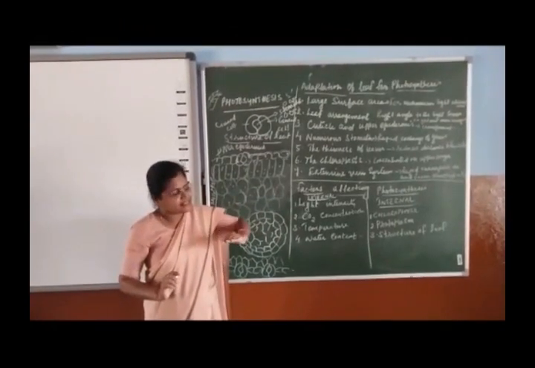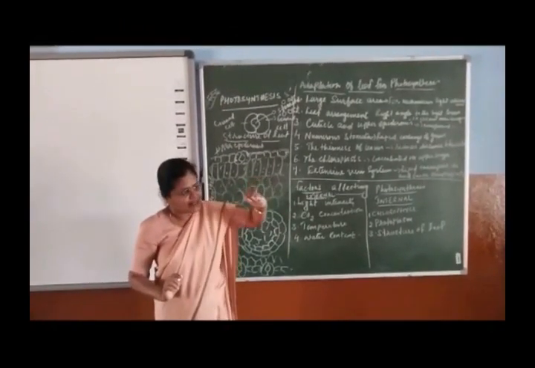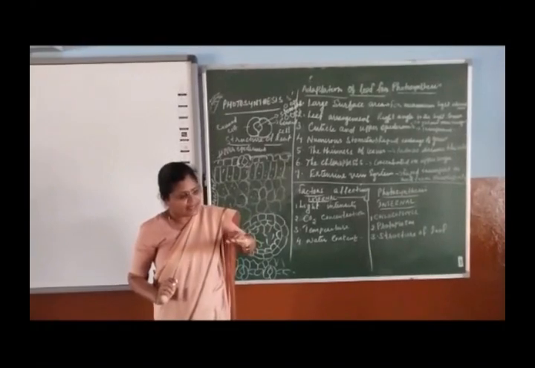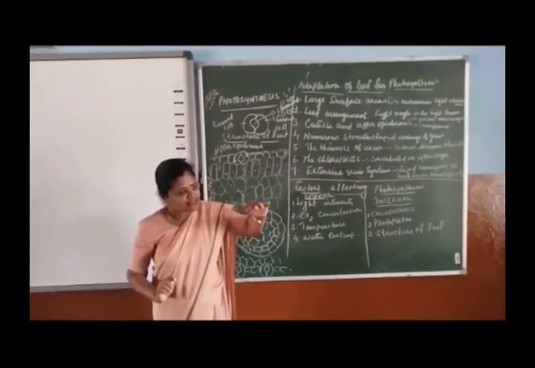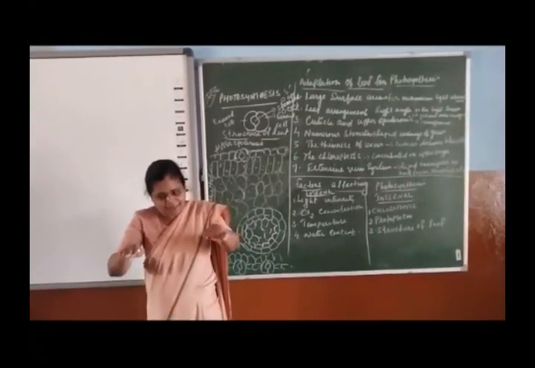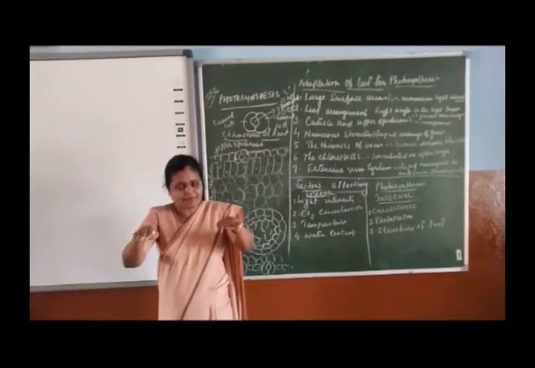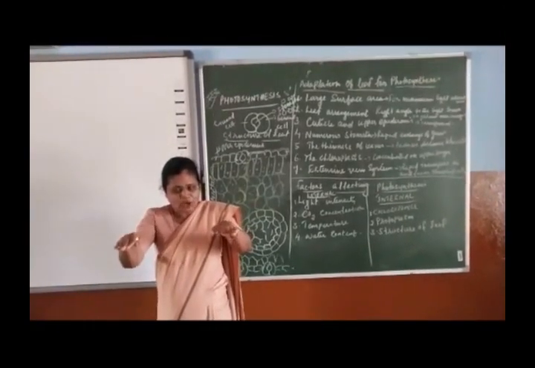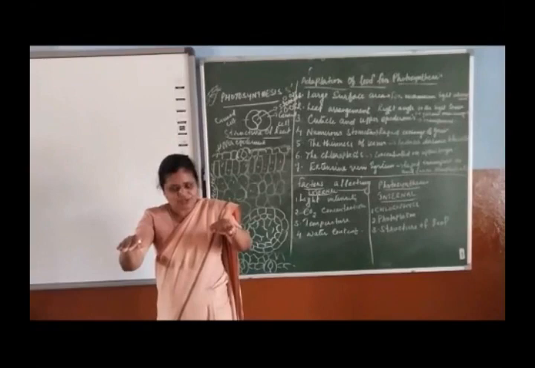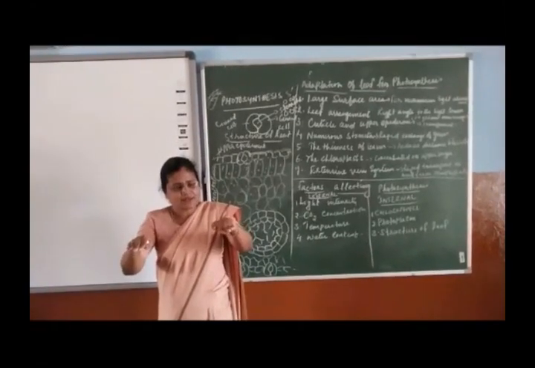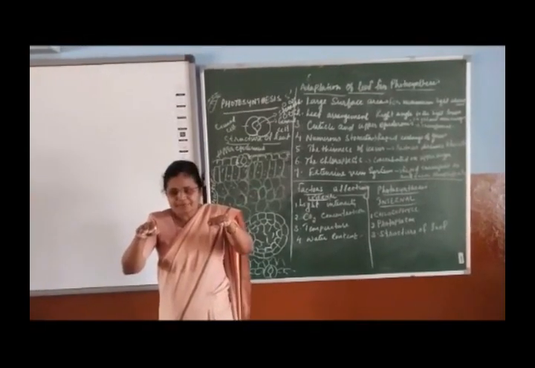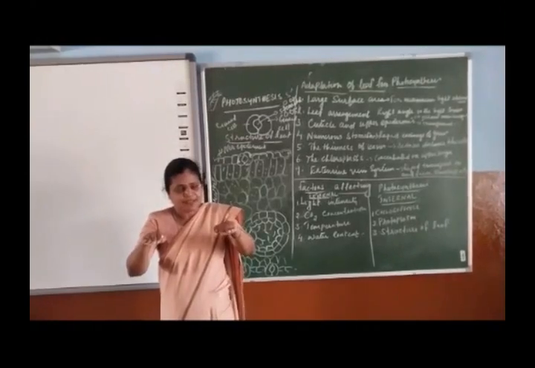As the light intensity goes on increasing from morning throughout the day, the rate of photosynthesis keeps on increasing. Simultaneously, you have the availability of carbon dioxide. When the carbon dioxide availability is 0.02%, it reaches the first saturation point.